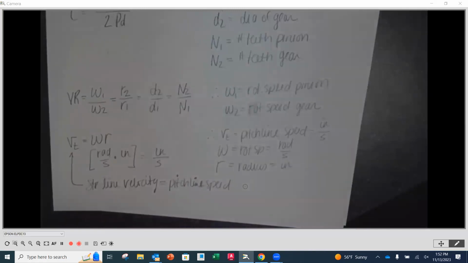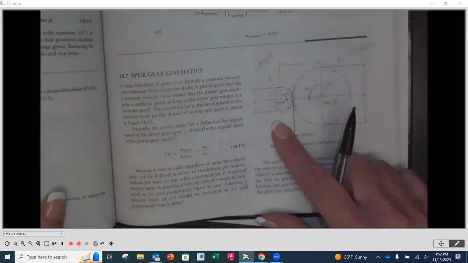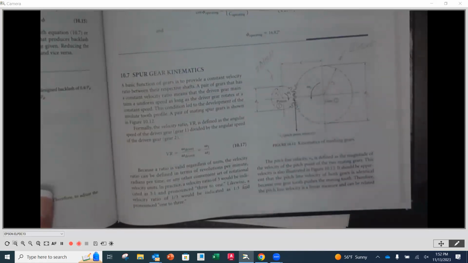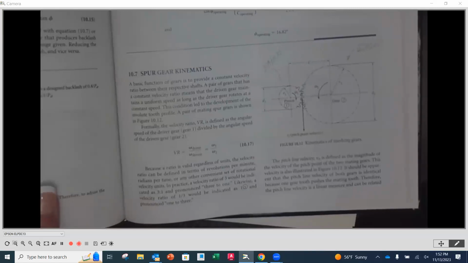Now, that number doesn't always need to be an even number. It can be 2.84 to 1, meaning that my gear would go around once when my pinion would go around 2.84 times. That's okay. Your velocity ratio does not have to be an even number. The number of teeth has to be an integer number.